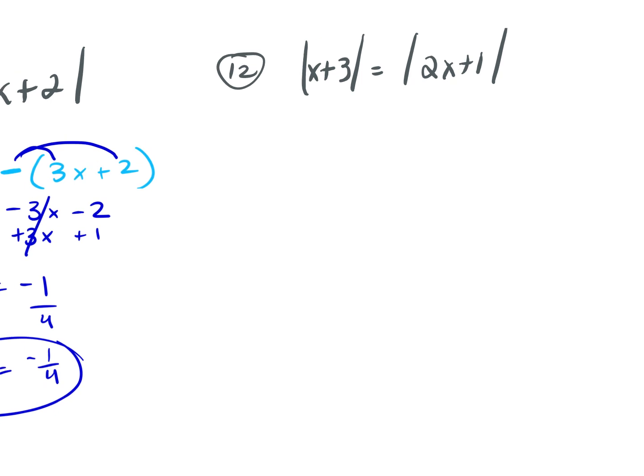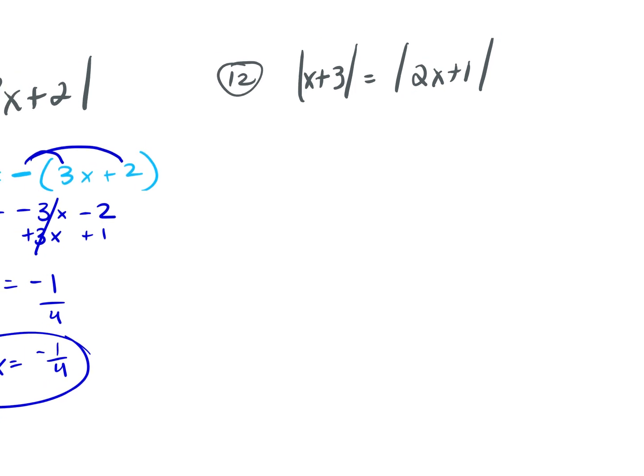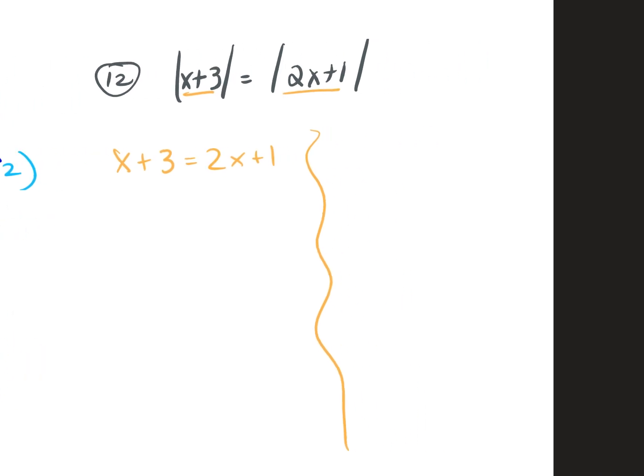Let's do number 12. So I can say that the insides are equal to each other. So x plus 3 is equal to 2x plus 1. But I have to come up with two equations. What's my second equation going to be? So x plus 3 equals negative 2x plus 1. So we're making the whole right side negative.